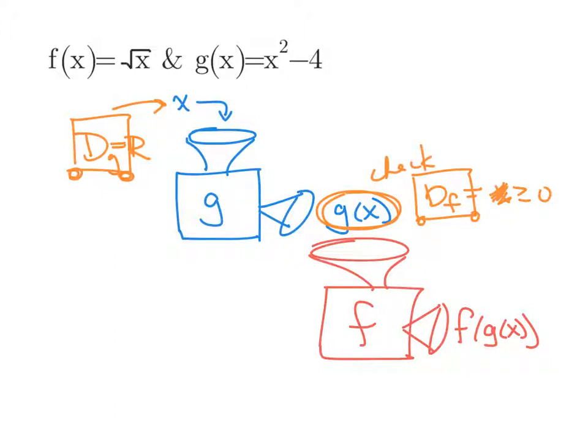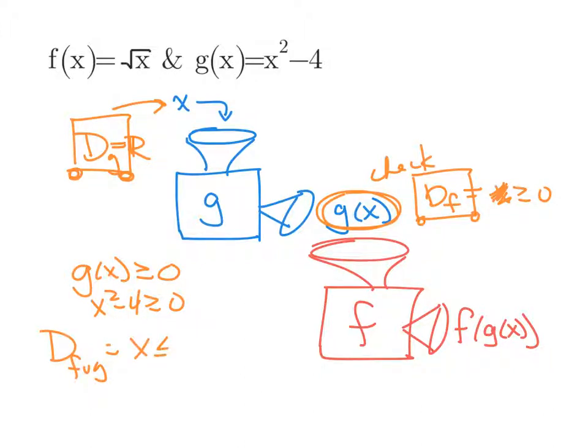And that's what we were doing when we said g of x. We want to make sure that g of x is greater than or equal to 0. That was the x squared minus 4 being greater than or equal to 0. And how we figured that our domain is less than or equal to negative 2, greater than or equal to positive 2.